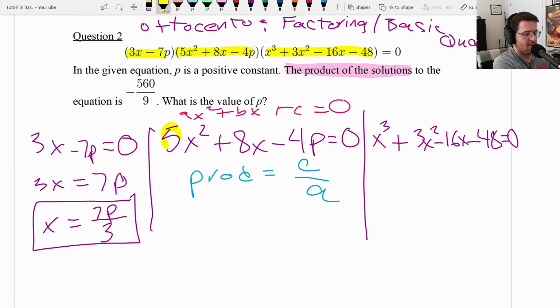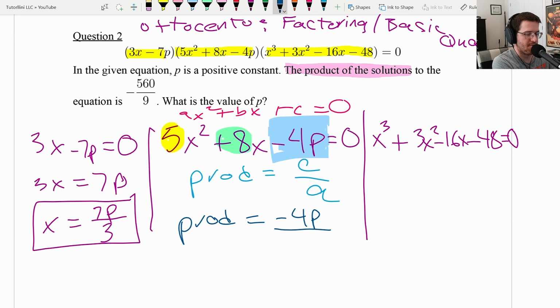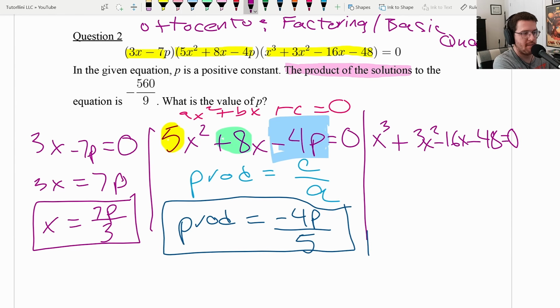And you can see a is 5, b is 8, and c is negative 4p. So the product is equal to c, negative 4p, over a, which is 5. All right, we'll come back to that.